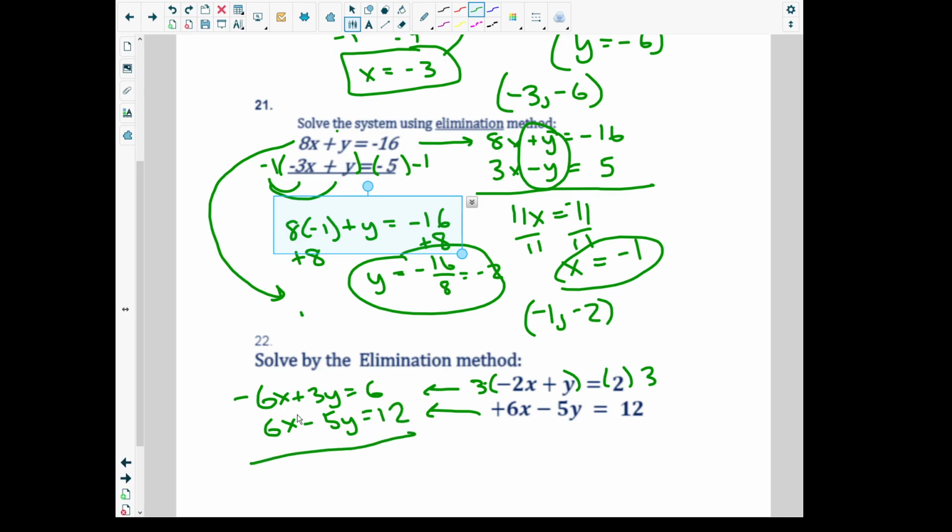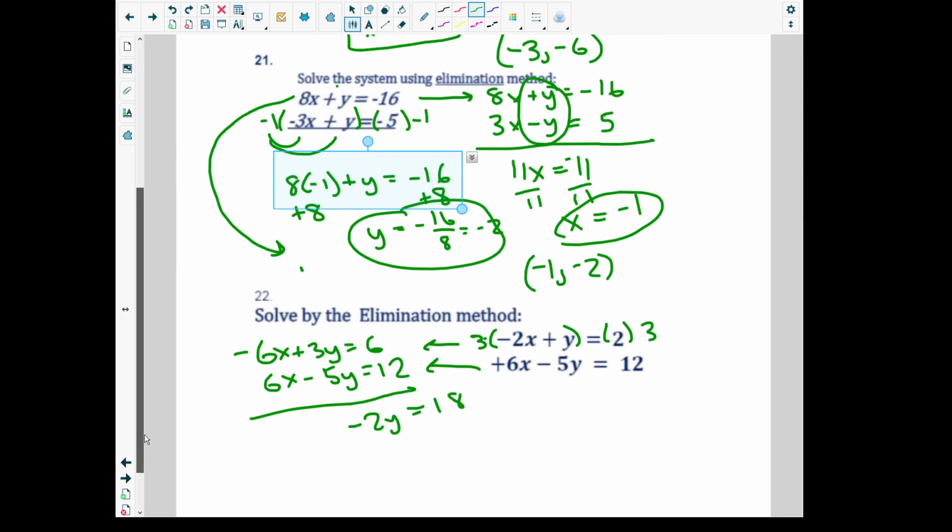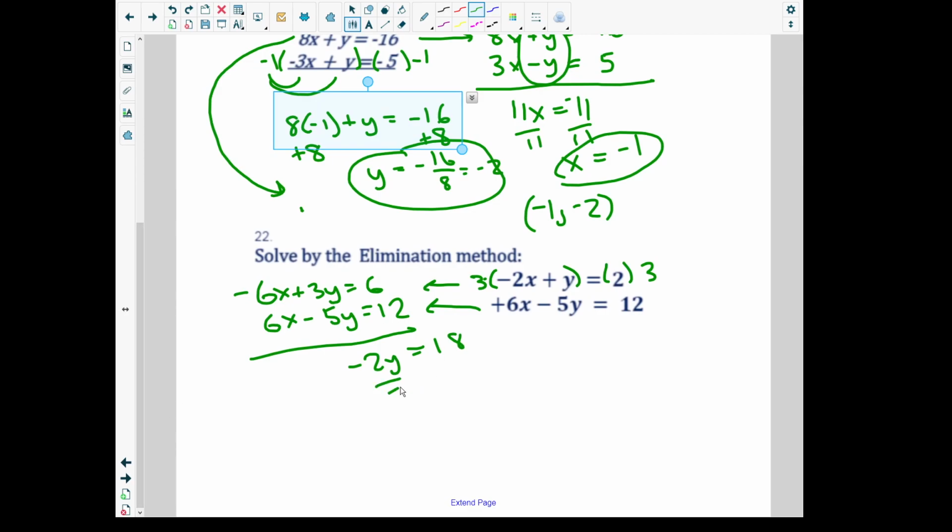So now I'm going to add, and I'm going to get 0, and this is going to be 3 minus 5, which is negative 2y equals 18. So divide both sides by negative 2. So we get finally y equals negative 9.